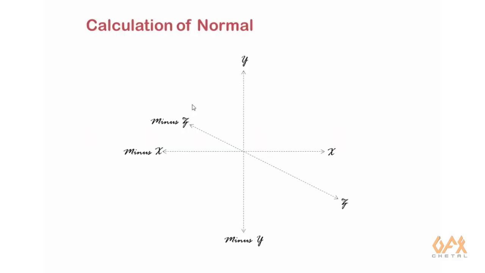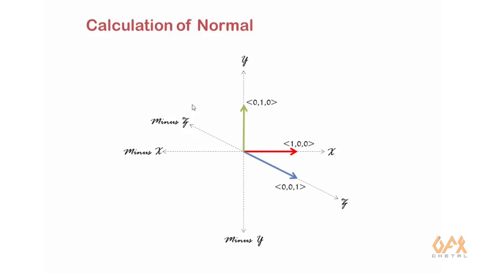Here is my 3D coordinate system. If the direction of the normal is towards x, then this normal is stored as 1 0 0. If the direction of the normal is in y, then 0 1 0. Same way in z, 0 0 1.